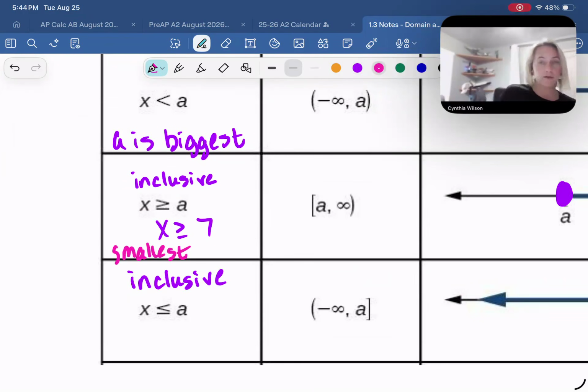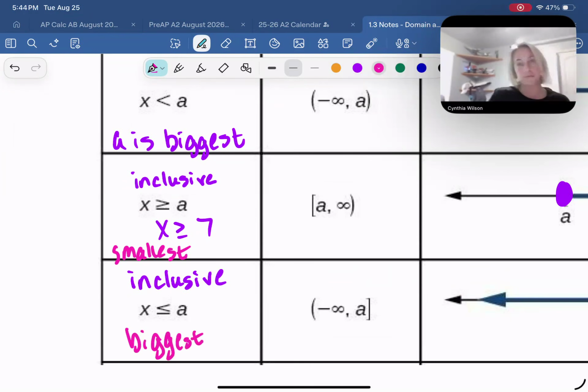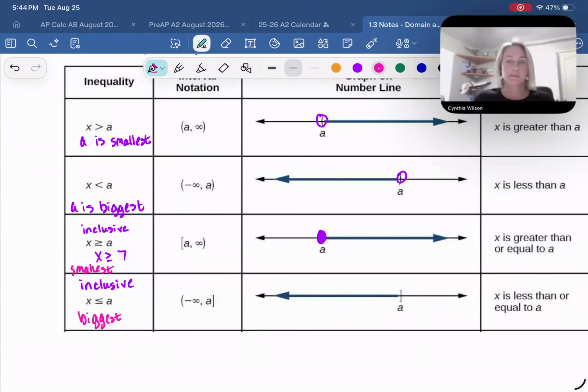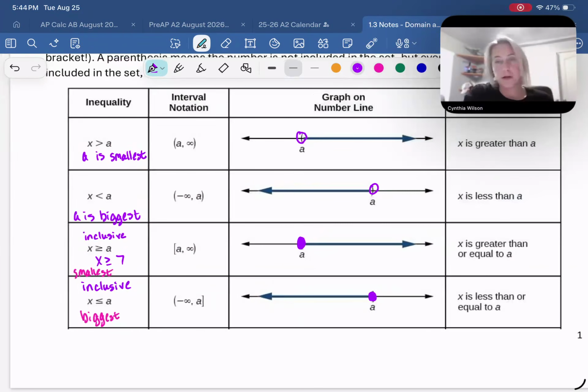Everything's bigger after that A. If I have a less than or equal to, that means your A was the biggest. Left side versus right side. All right. So again, I would rather use a closed dot any day. I do not like the brackets on my number lines. Mainly because that's not how I was taught.